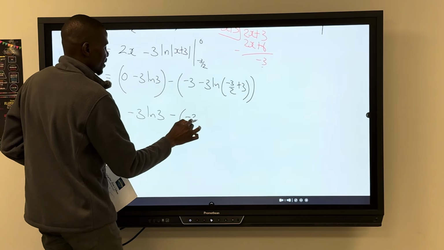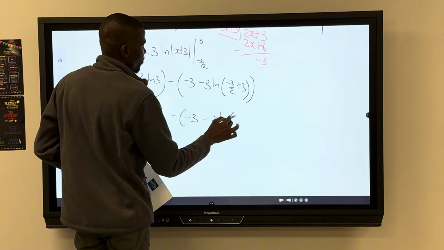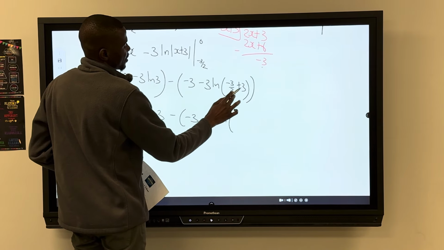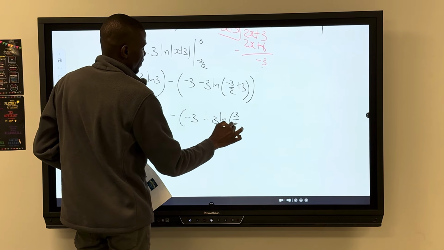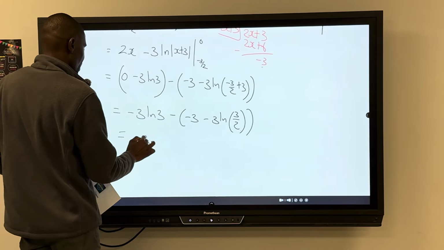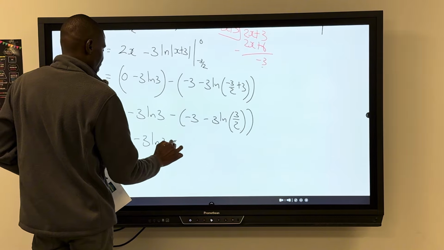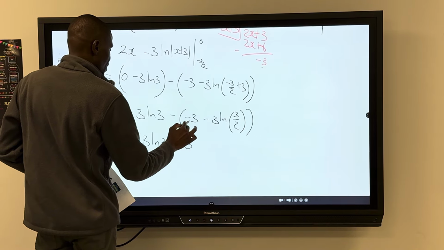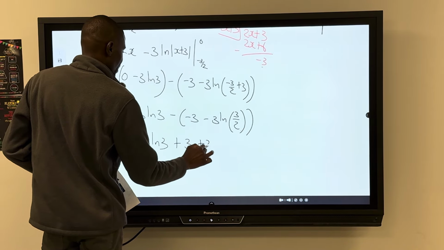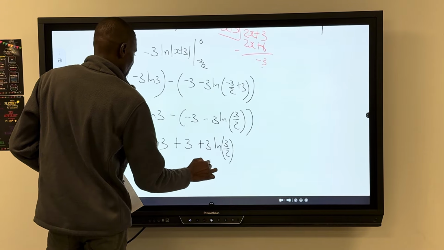Then here it's -3 - 3 ln of what? 6 - 3, that's 3/2, right? So it's now -3 ln 3, plus 3 plus 3 ln(3/2), right?